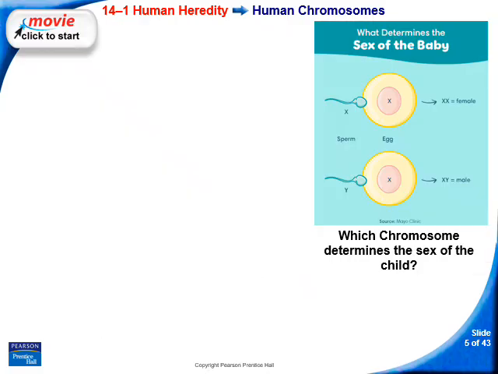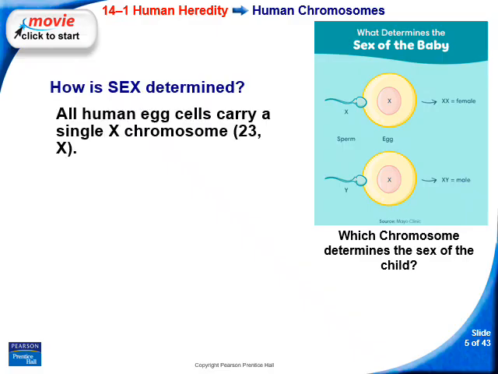So which chromosome among the 46 would determine the sex of a child? How is sex determined? Well, all human egg cells carry a single X chromosome. That is the egg cells. And so the number 23 chromosome in the egg cell is actually an X chromosome.